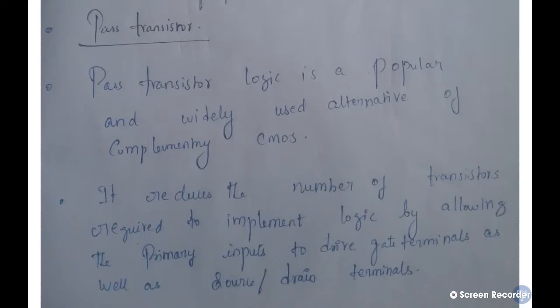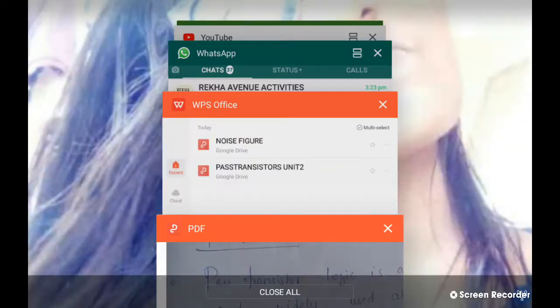In complementary CMOS, whatever output you get is a complementary function. You can obtain the NAND operation, and if you want to obtain AND, first you have to obtain NAND, and then invert the signal to get the AND operation. So it does not give you a direct output.